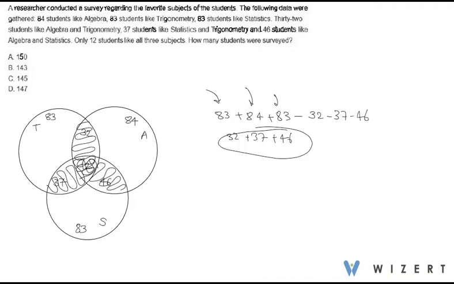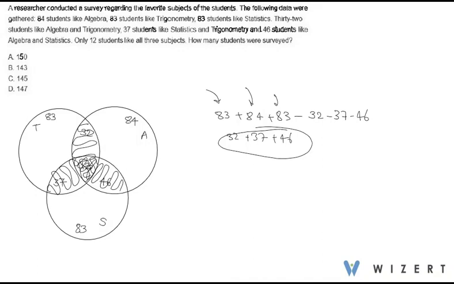Again, when subtracting these three, we have subtracted this part, and this part. So in these subtractions, we have subtracted this 12 3 times.